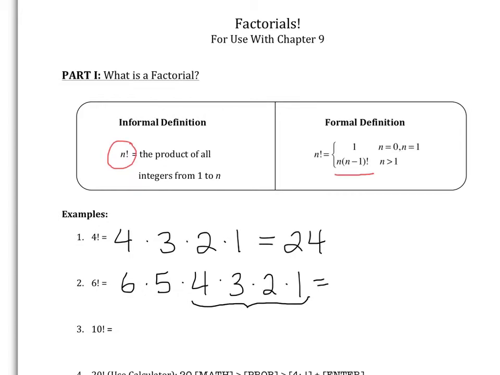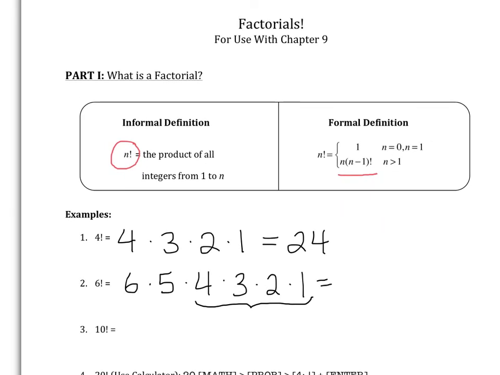So we can say that 6 factorial is 30 times 4 factorial, which is 30 times 24, which I believe is 720.